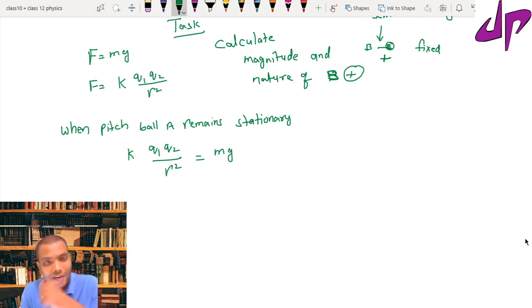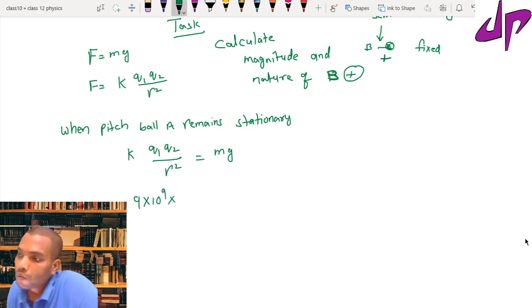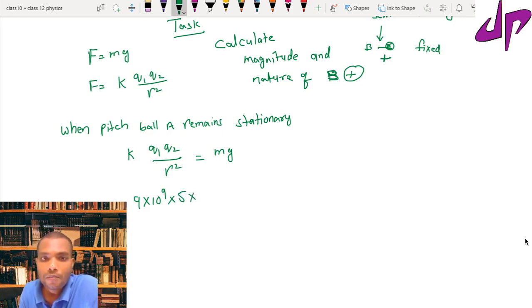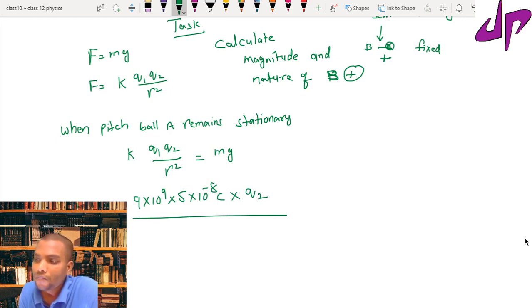So grab the value of K, its value is 9 times 10 power 9, and we know the charge Q1 is 5 times 10 power minus 8 coulombs. We don't have the charge Q2, that is our task to find out. The distance between them is 5 centimeters. You convert that in terms of meters, 0.05 meters whole square, equal to the mass.